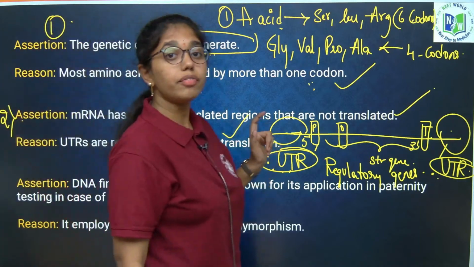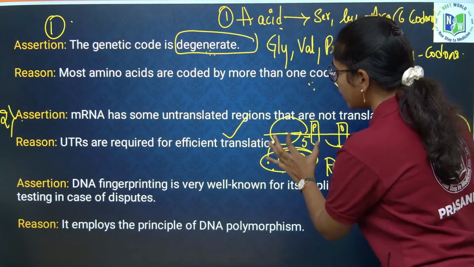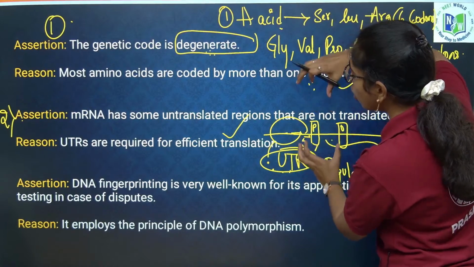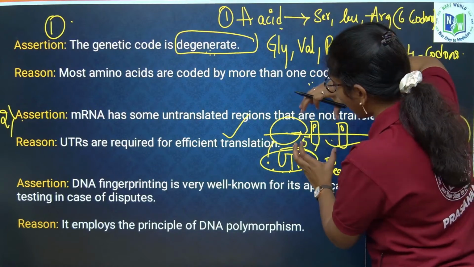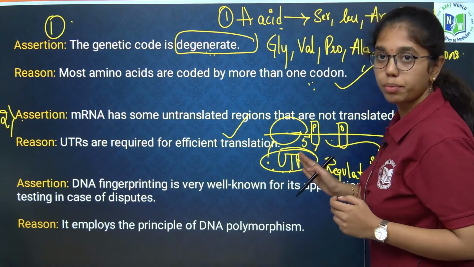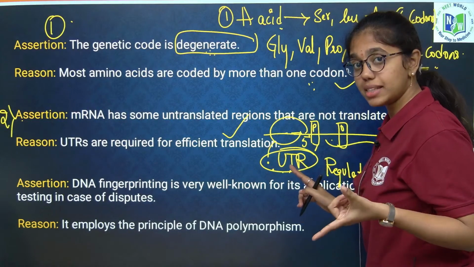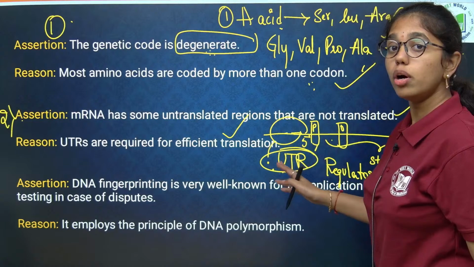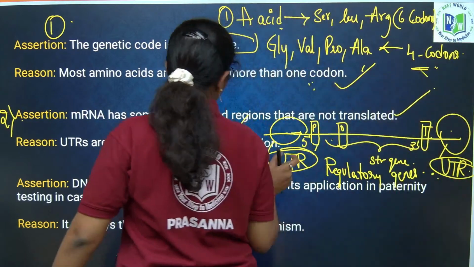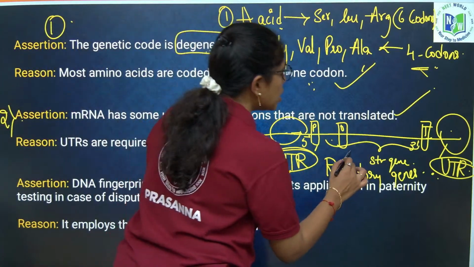It is because the untranslated region gives some space so that the ribosome can come and bind properly to the 5 prime cap region during translation, and as they release some regulatory sequences, they can also make the translation process more effective. You will understand the role of regulatory sequences more in gene expression.